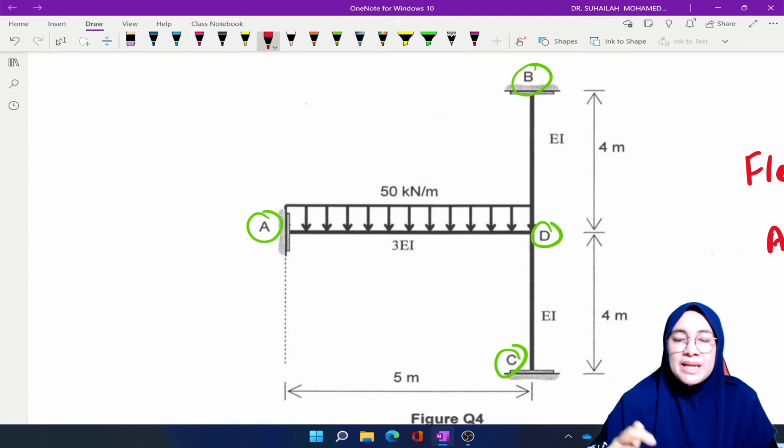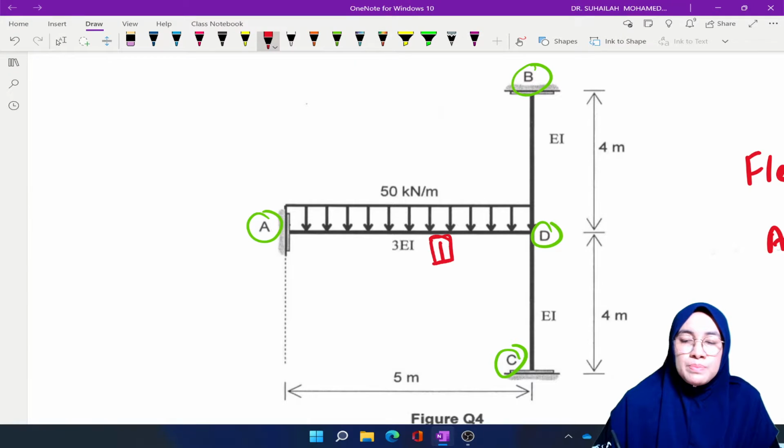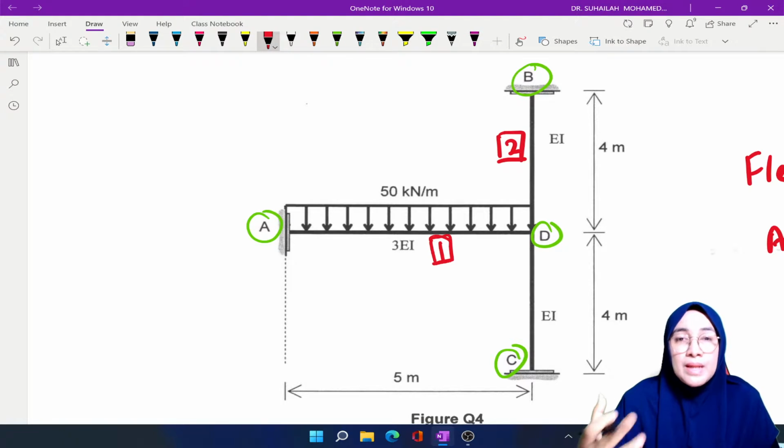We have member AD, and we can label member AD as element number 1. Then we have member BD, or BC or CD, doesn't matter. This is number 2. We label one by one. It's up to us which one we want to label first. So this is number 3.